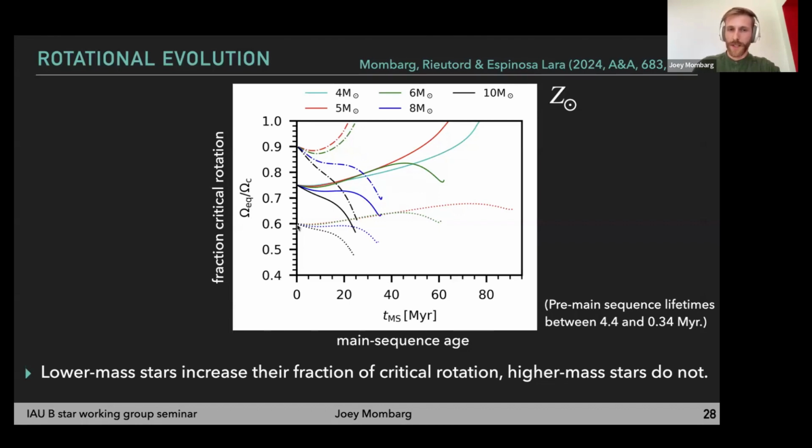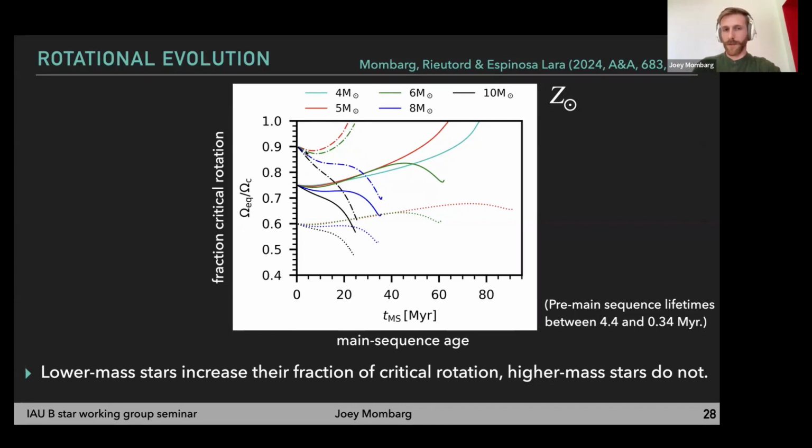We've done this for 60%, 75%, and 90% critical rotation rate at the ZAMS for different masses. What we find is quite interesting: the lower mass stars still spin up towards critical rotation rate, and then at higher masses, for 6 solar masses, it still increases a bit, but they don't spin up to full critical rotation rate.